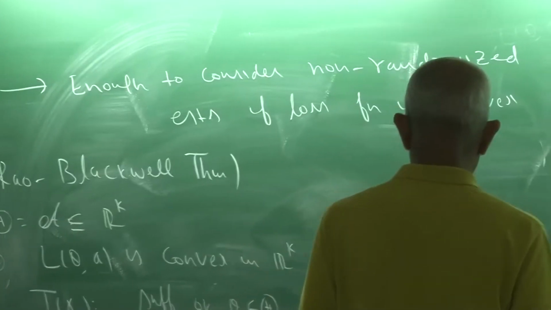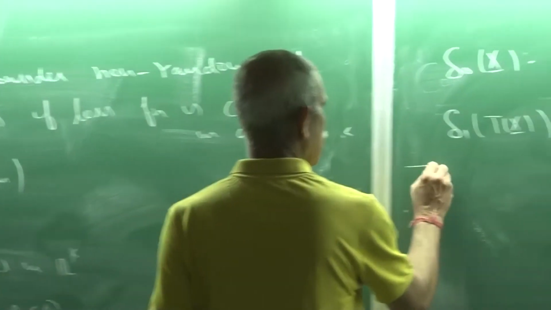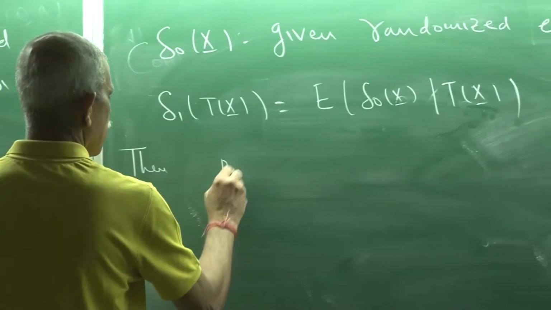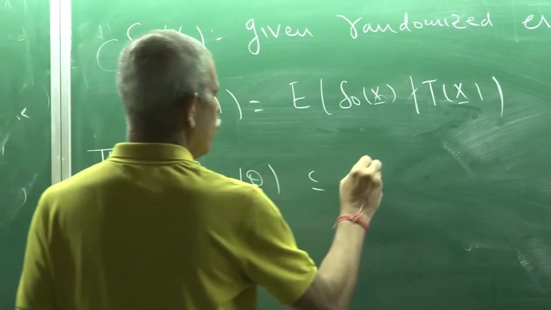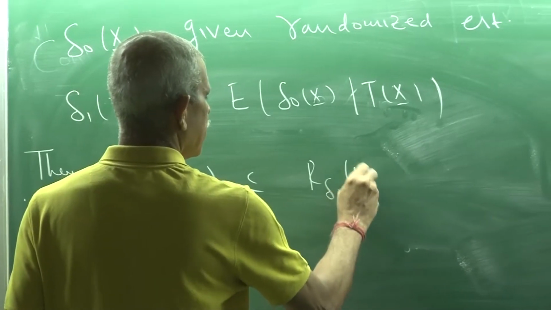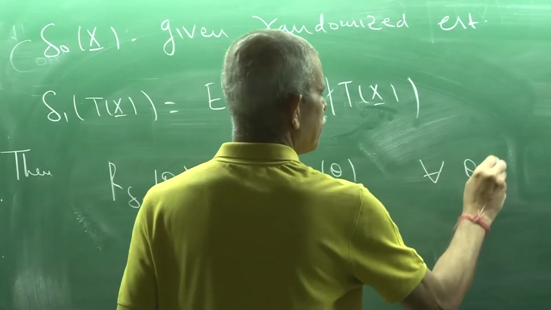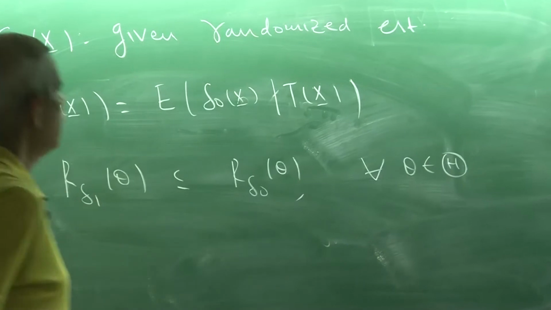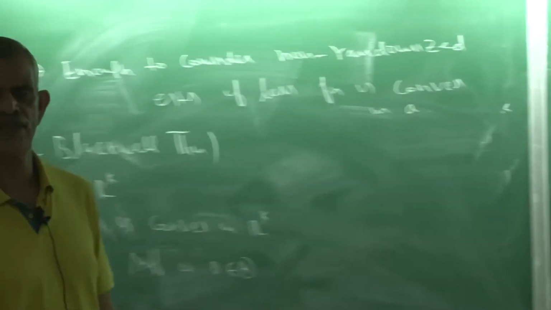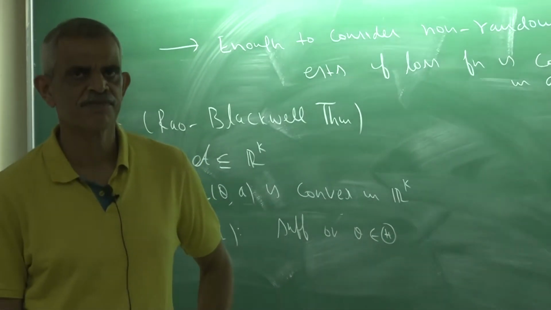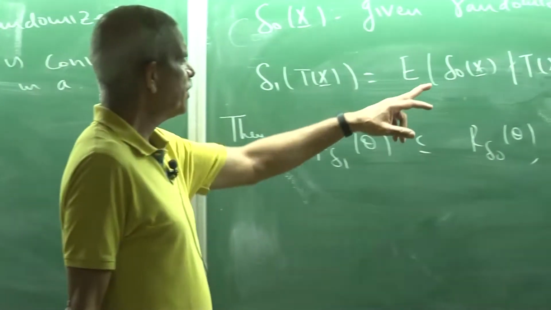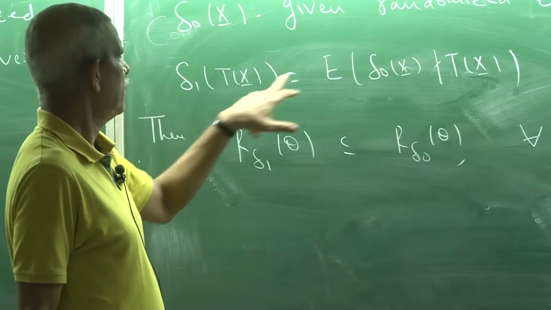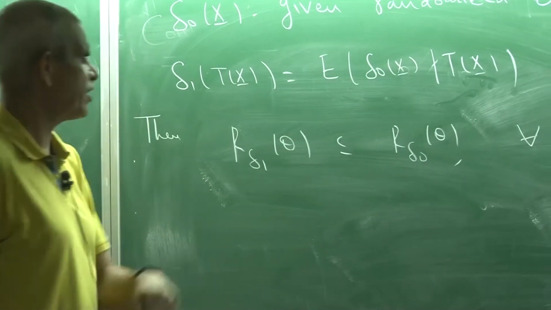Then R delta 1 theta will always be less than or equal to R delta naught theta for every theta, with a strict inequality if your loss function is strictly convex, or when delta naught x is not equal to delta 1 Tx with probability 1.